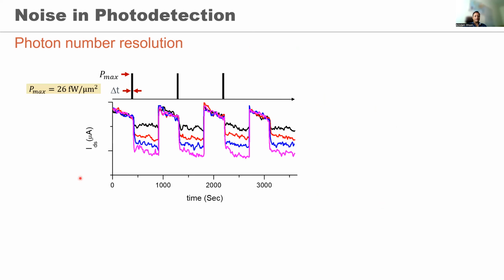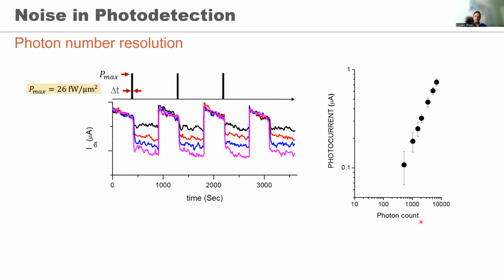Okay, so if I want to do single photon detection, or ask the question, what is the limiting number of photons you can detect using these structures? You can see a very nice experiment that we did by sending pulses. This pulse is essentially the maximum power, and the delta T is the width of the pulse. We can predefine the pulse height so that we know how many photons are being hurled at the sample.